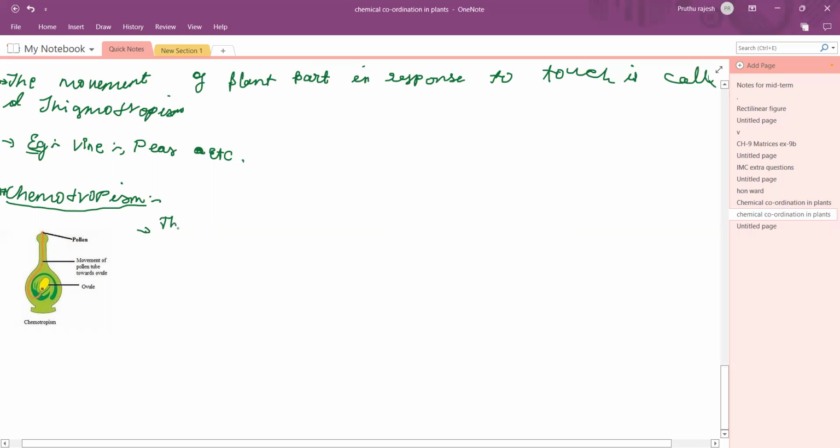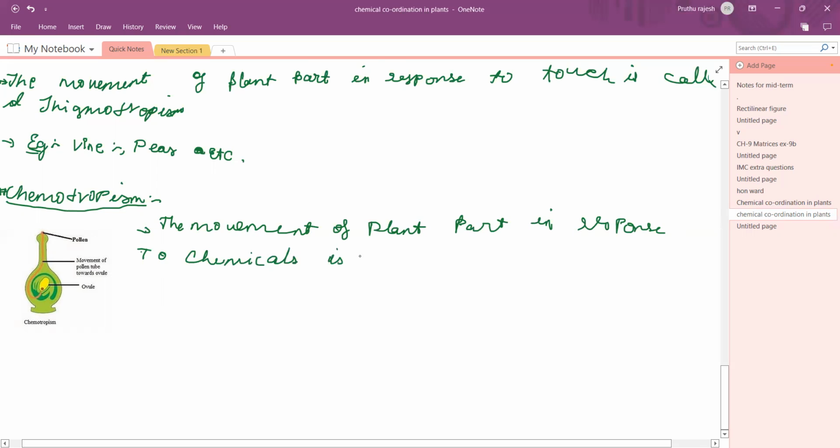So examples of chemotropism would be formation of pollen tube. One of the biggest examples we can take.